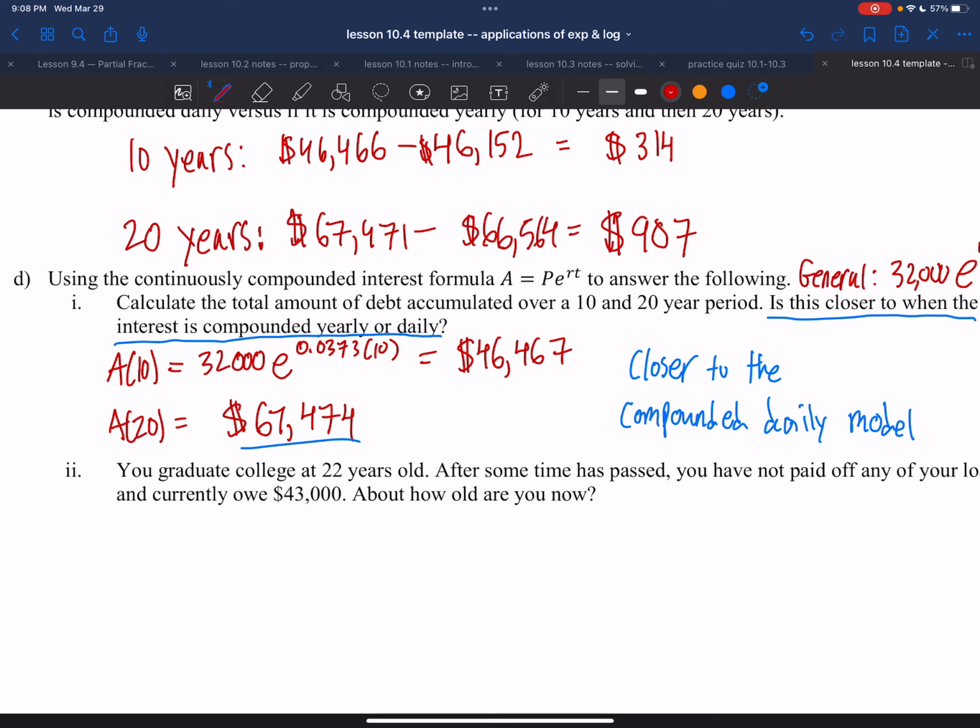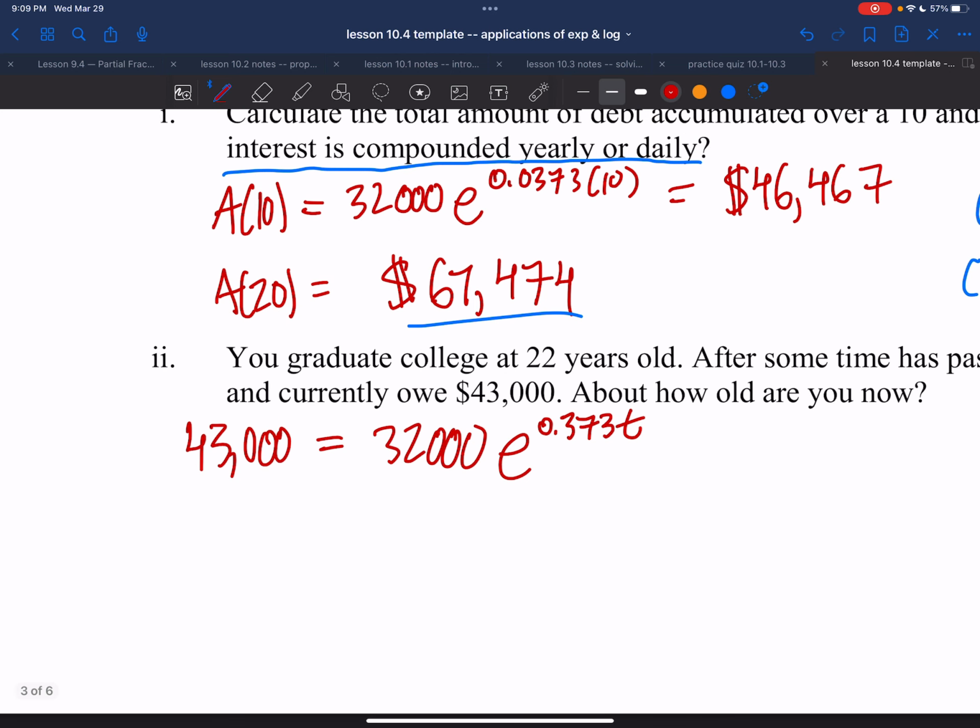So we'll use our particular equation. I know that my final amount is $43,000, which equals my initial amount, 32,000, times e to the 0.0373 t. Now, see, the thing is, we don't know what t is, right? So we got to find t.